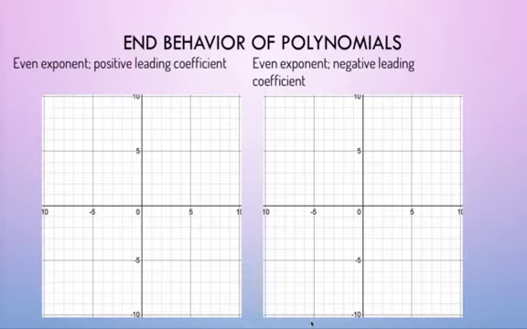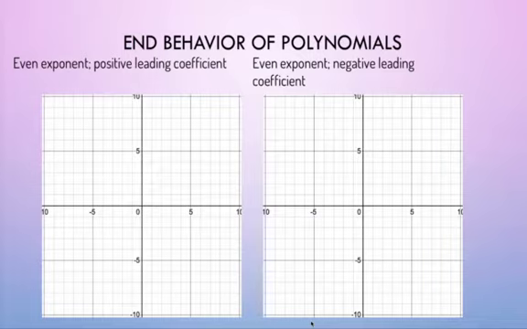So, in general, the end behavior of a polynomial depends on the degree of the function and the leading coefficient. The degree of a function is the biggest exponent in the polynomial, and the leading coefficient is the number in front of that biggest exponent.